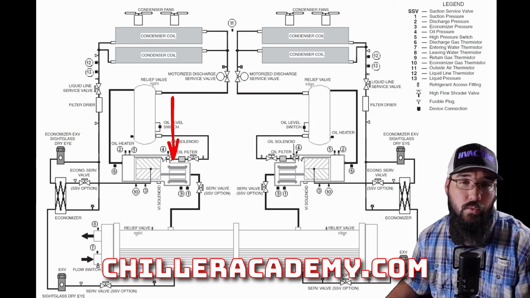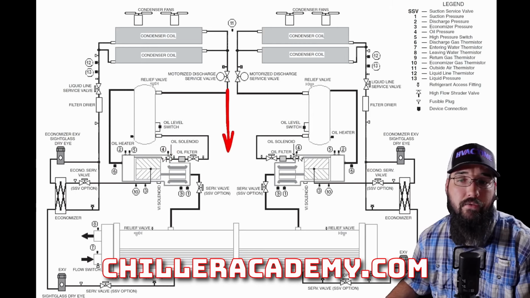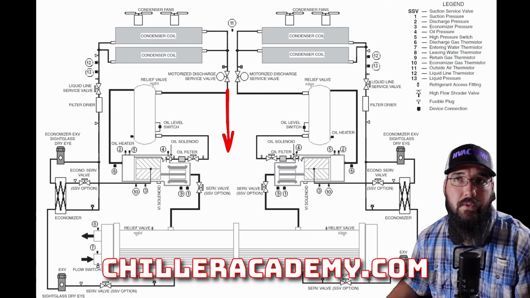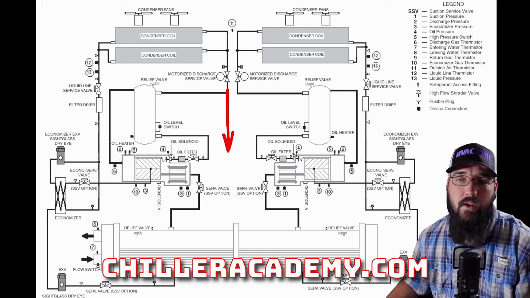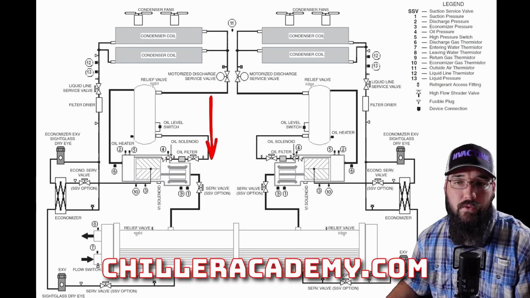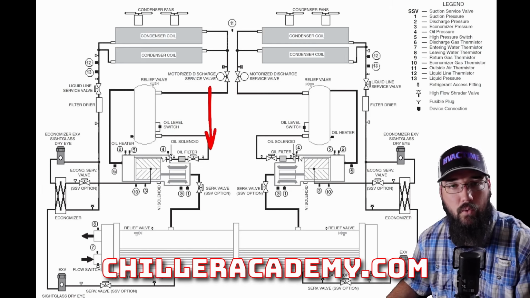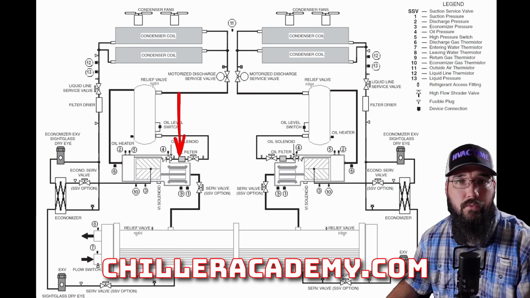Now this is where, depending on the manufacturer and the design, it will change exactly how they manage this from a staging perspective. When we get both compressors on, we want them to be balanced most of the time. Let's say from a York perspective, I'm going to use a YCIV as an example.